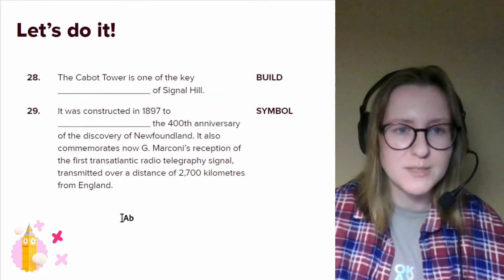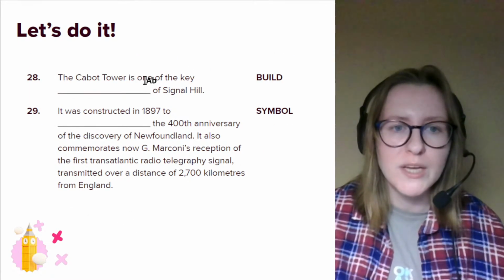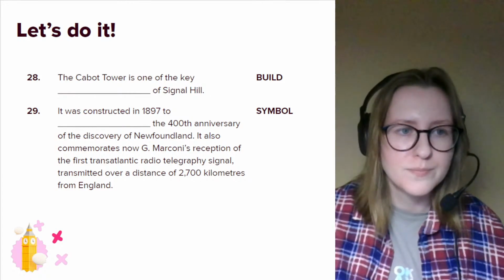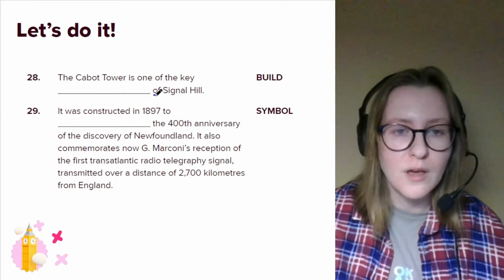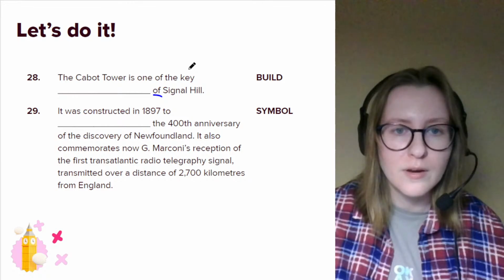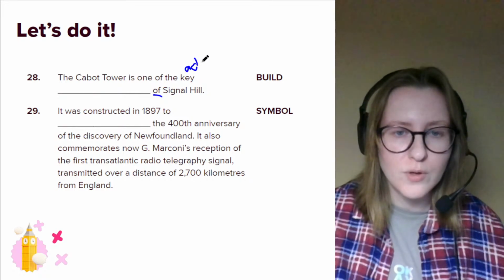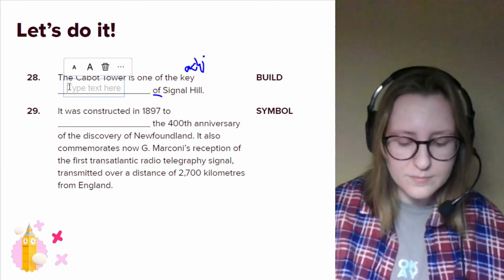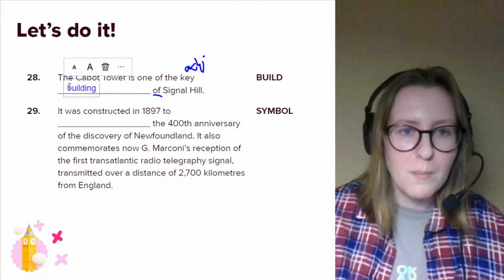Okay, the last part of it. The Cabo Tower is one of the key of Signal Hill. We have a preposition after the gap and an adjective before it. So the only thing an adjective can describe is a noun, right? Building.